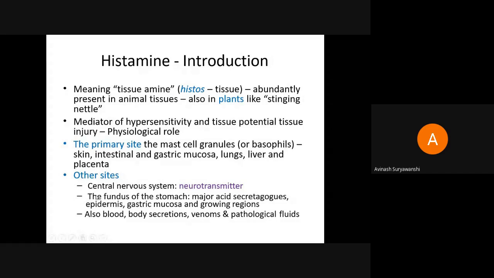They are present in the stomach, in the epidermis, the gastric mucosa, and various growing regions like epithelial cells. Apart from that, it is present in the blood, body secretions, various venoms, and pathological fluids, like whenever there is inflammation, and you will see histamine there also.